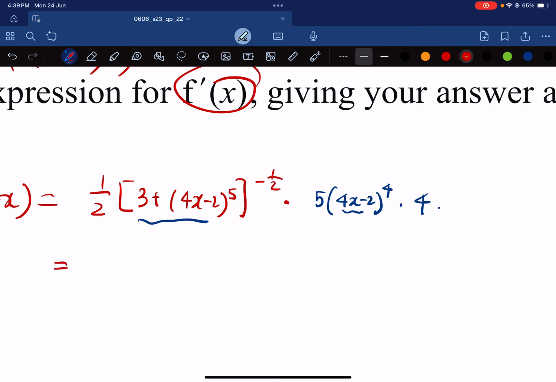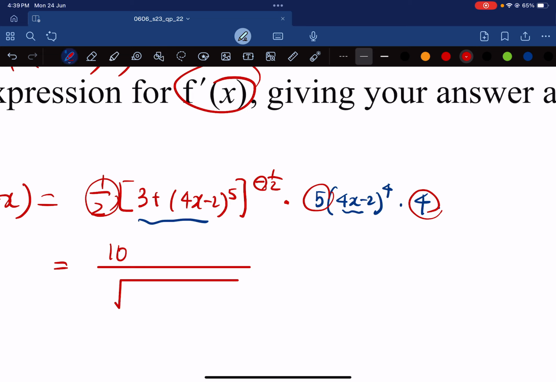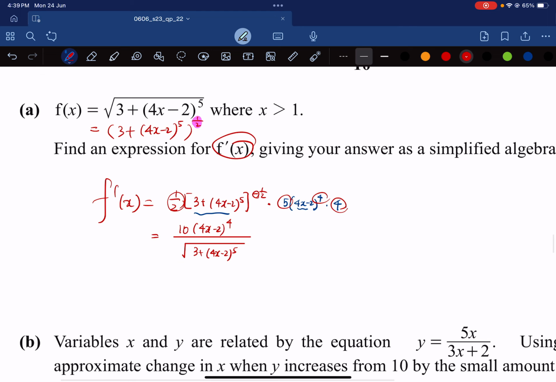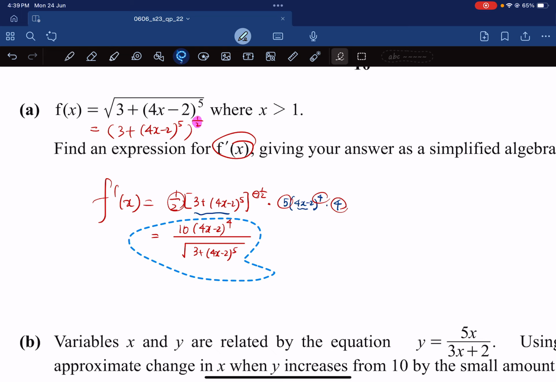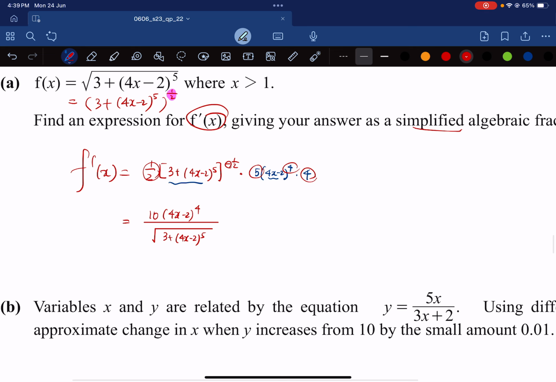So finally we have 4 times 5, 20. 20 divided by 2 is 10. 10 is a negative power, so the square root goes on the bottom and the positive power on top. So we are done. Giving your answer in simplified form, I guess this is the simplified form.